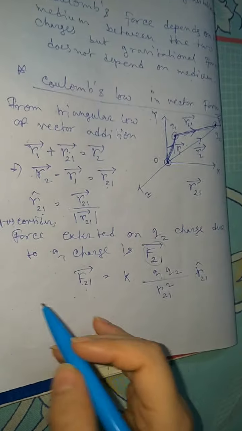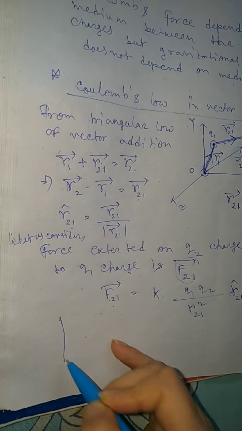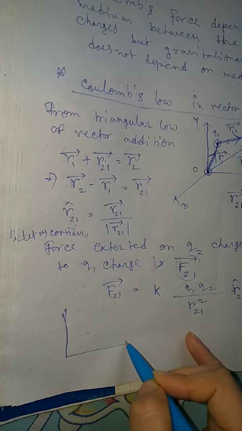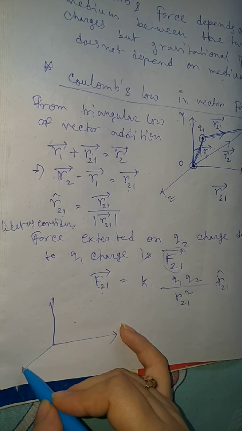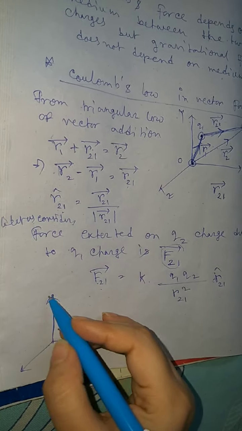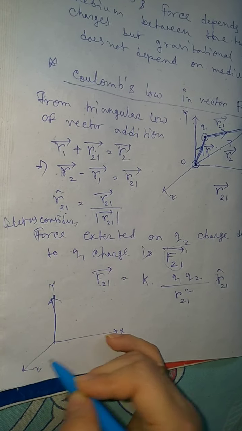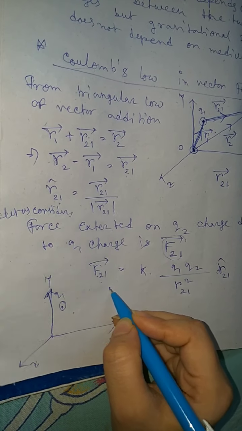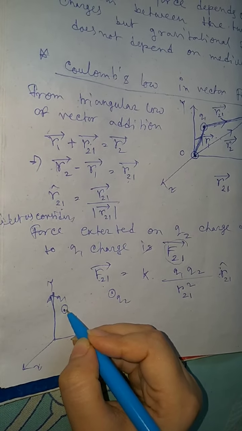Now again I draw this picture, and now I am finding force on Q1 charge. Okay, so X, Y, and this one is Z, and this one is Q1 charge, and this one is Q2 charge.